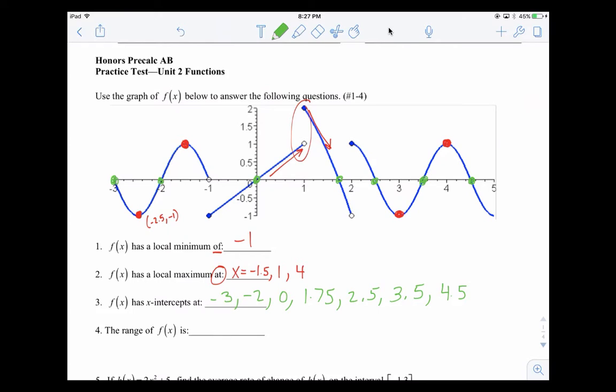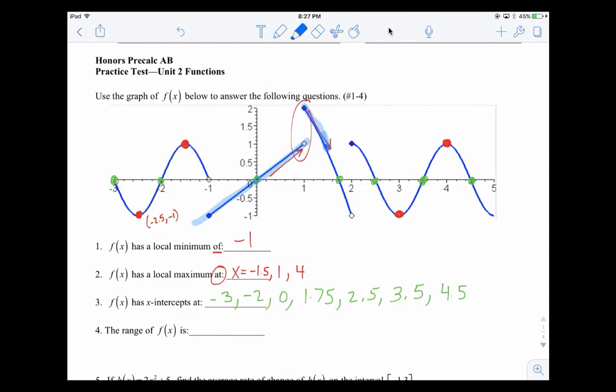Now the last one is asking for the range of the graph. So these are, again, the y values. I see that my lowest y value was -1. As you work your way up, if I'm using that piece of the graph, I'm going to stop at positive 1, but I can use this piece of the graph to keep going, and this picks up and stops at 2.